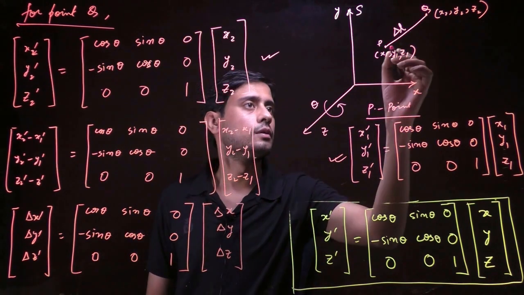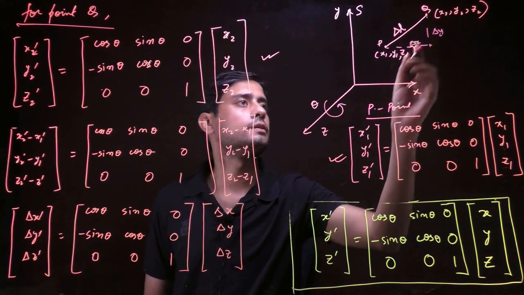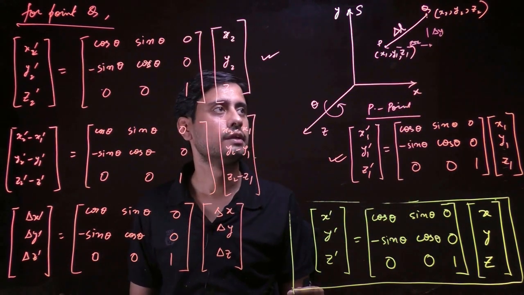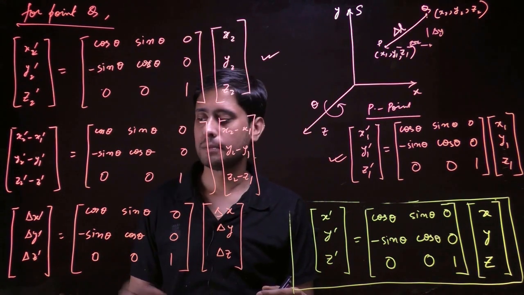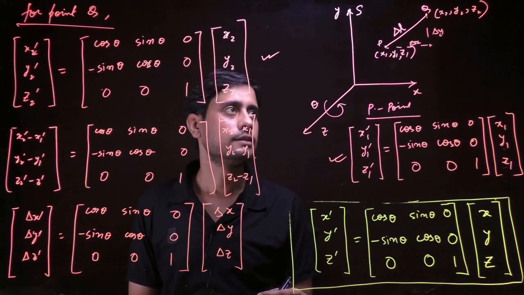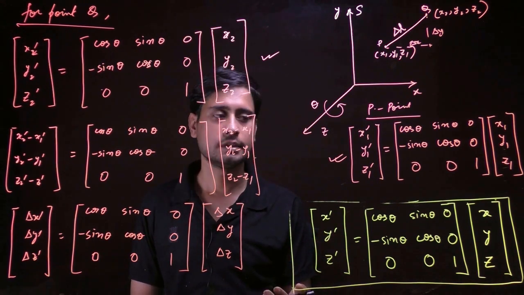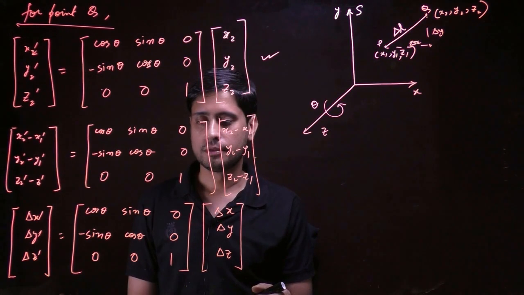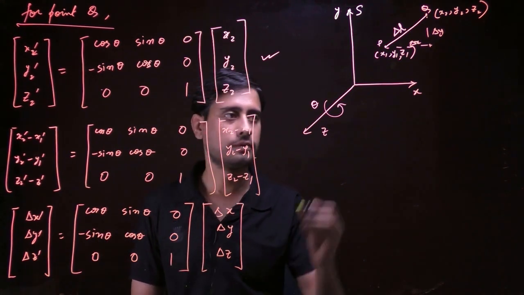So this is delta y, this is delta x, and there is a projection on z axis, that will be delta z, and these projections are changing except your delta z. Delta x and delta y will obviously change. Now we will just multiply these two matrices and see what happens.